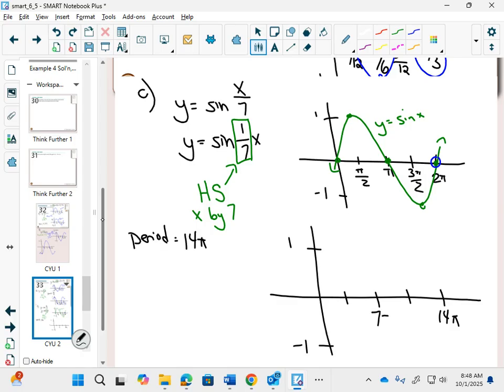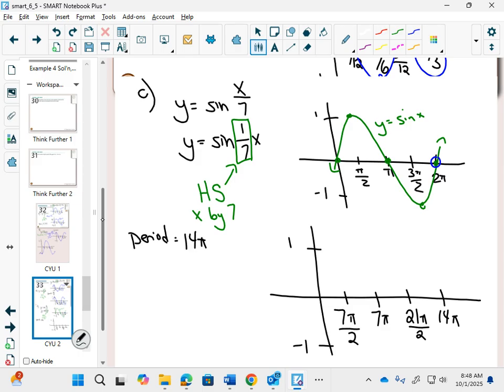That'll be 7. What's half of 7? 3.5, or you could leave it as a fraction, 7 pi over 2. Then the third one. If this is 1 7 pi over 2, this is 2 7 pi over 2s, this would be 3 7 pi over 2s. 3 times 7 would be 21 pi over 2.